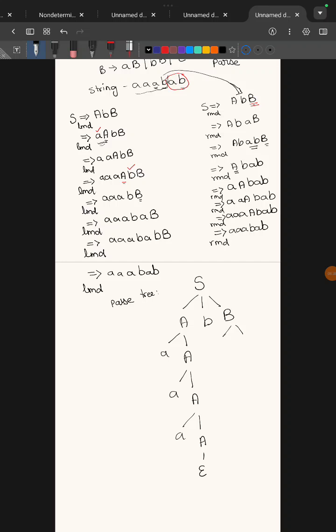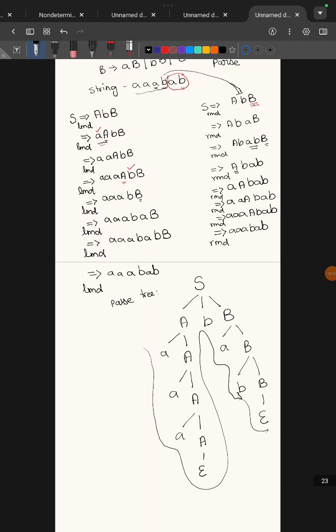That we have derived from your variable B, right? So this derives A B. This B part will derive B B. Now we are replacing the last B variable with epsilon. So what you got? You got 3A B A B, right? So that is your string that has to be derived from your parse tree.